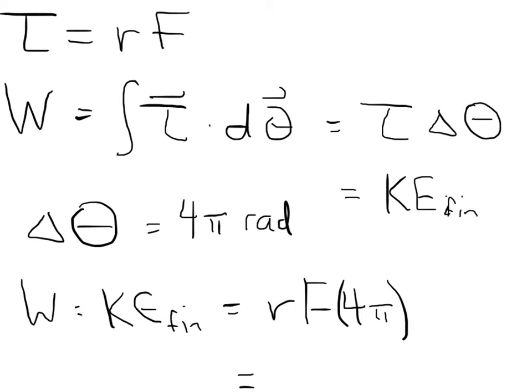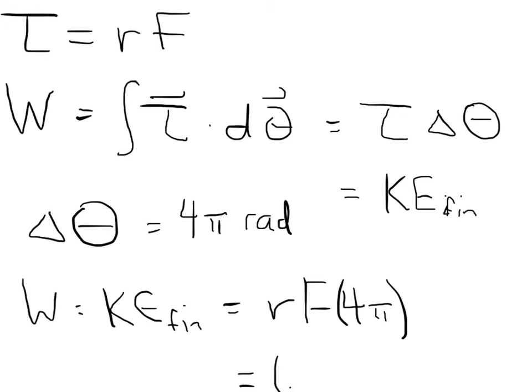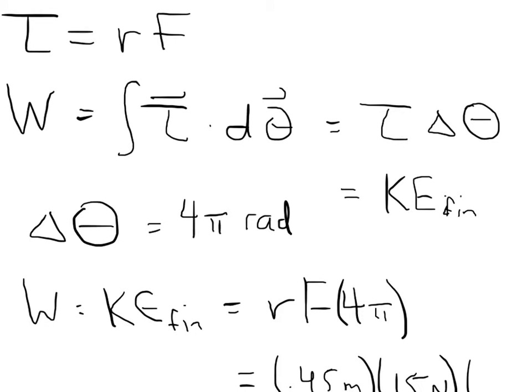When you plug in the numbers, the diameter is 90 centimeters, so the radius is 45 centimeters, or 0.45 meters. The force is 15 newtons, and 4 pi is about 12.5.